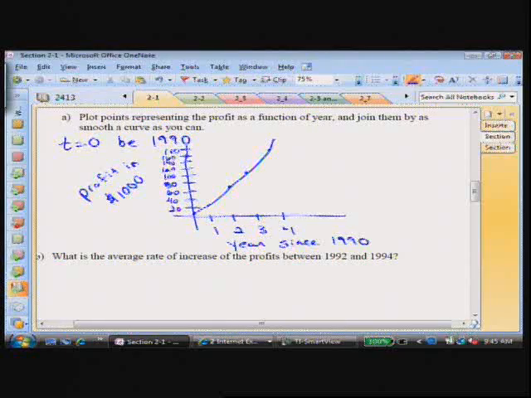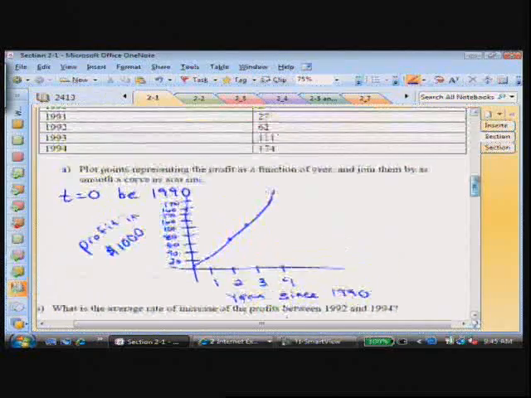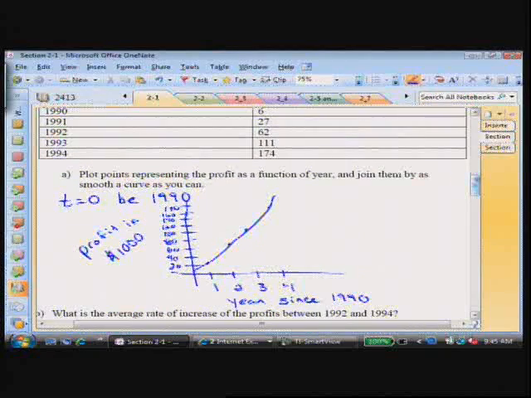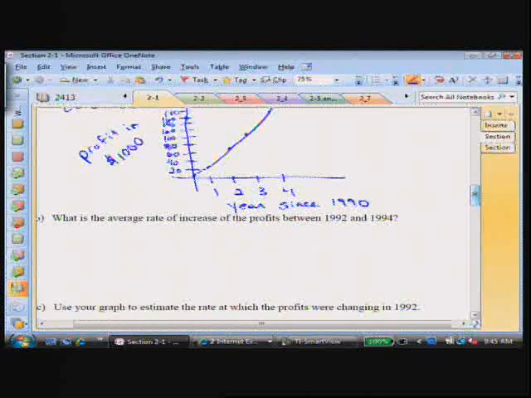Okay, and then we were asked now, what is the average rate of increase of profits between 1992 and 1994? So average rate of change, you're just going to do the change from 1992 to 1994. So you're going to find that difference, and then you're going to divide by the change in the years.